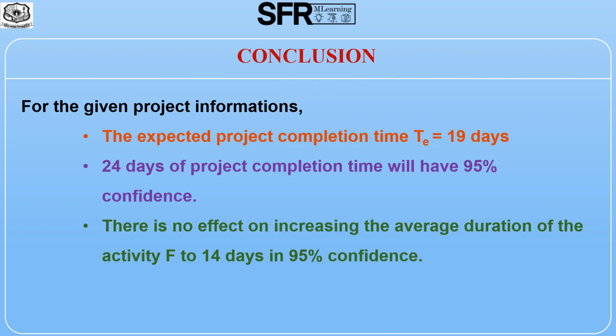Hence, for the given project information, we conclude that the expected project completion time is TE equal to 19 days and 24 days of project completion time will have 95% confidence, and there is no effect on increasing the average duration of the particular activity F to 14 days in 95% confidence.